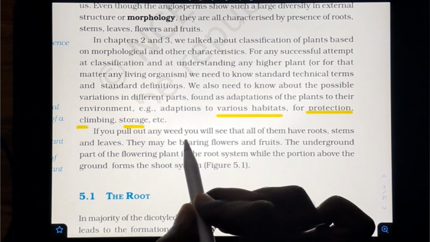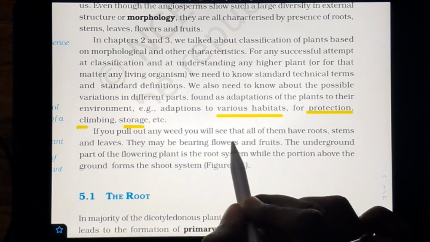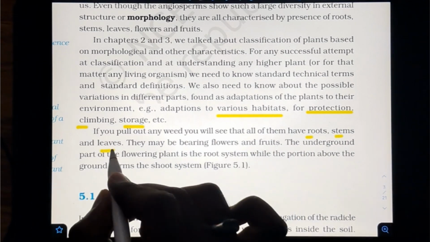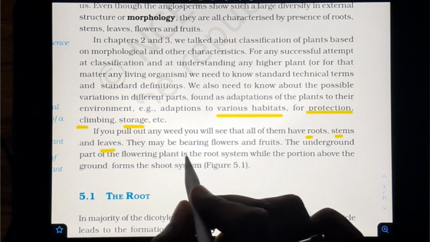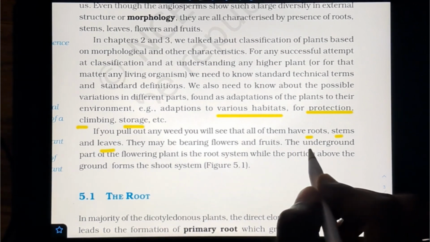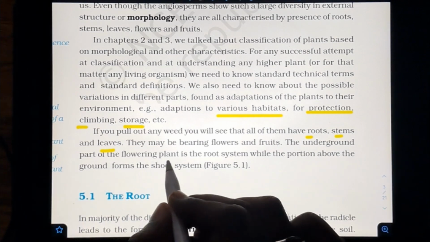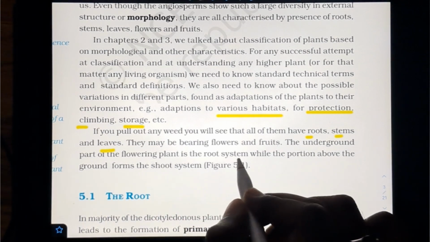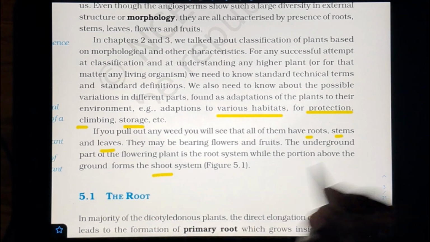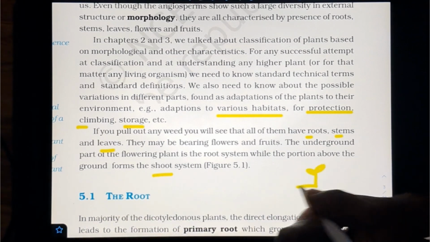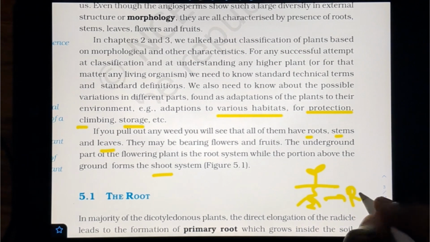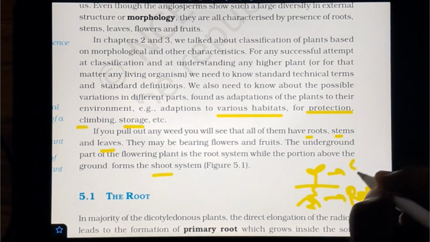If you pull out any weed, you will see roots, stems and leaves, and they may be bearing flowers and fruits. The underground part of the flowering plant is the root system, while the portion above the ground is known as the shoot system. Suppose this is a weed: the underground part is the root and this is the stem.